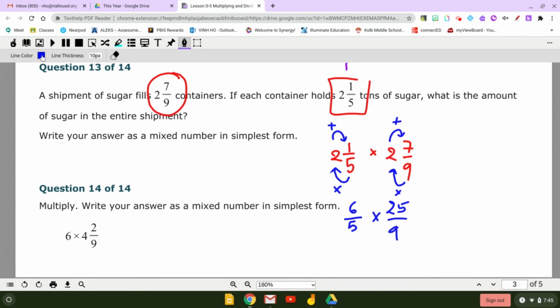Then we can go ahead and multiply them in or reduce them, one of those. 5 goes into 25 is 5 times, and 6 and 9 you can reduce by 3. That will give you 3 and 2. So that will be 2 times 5 is 10 over 1 times 3 is 3. The answer is 10/3.